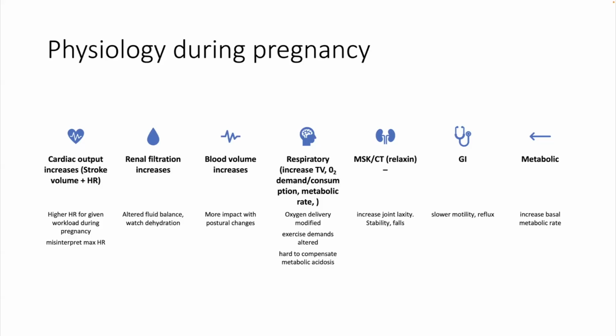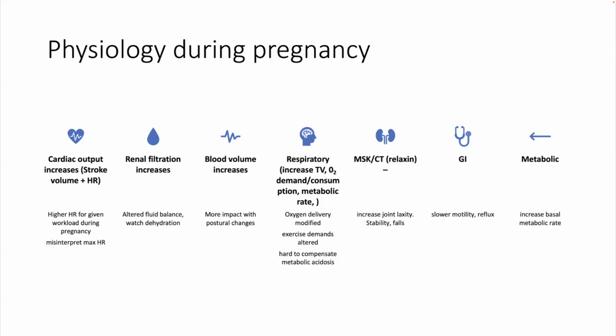It's good to know those numbers, but when a patient's asking you, okay, what do I need to look for? So from a cardiovascular standpoint, we know that with cardiac output increasing, their heart rates increase. So their workload during pregnancy is going to be higher. So especially the athletes that are tracking, I mean, most of us are using some form of a Garmin or Apple Watch to track our heart rates, that max heart rate is going to be different than it was pre-pregnancy.